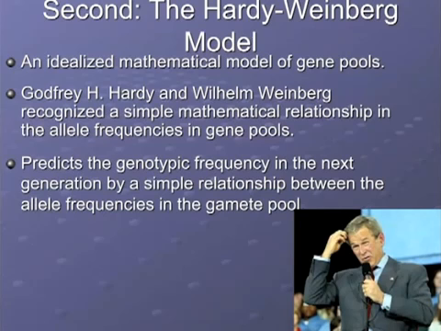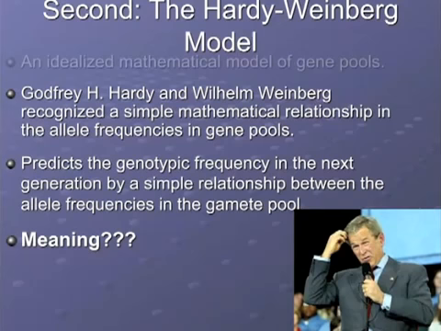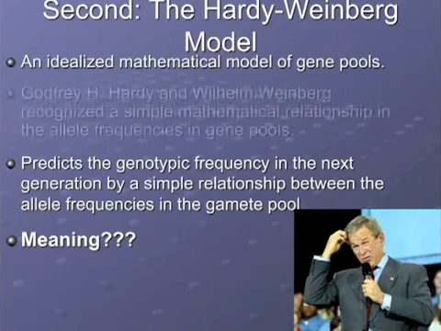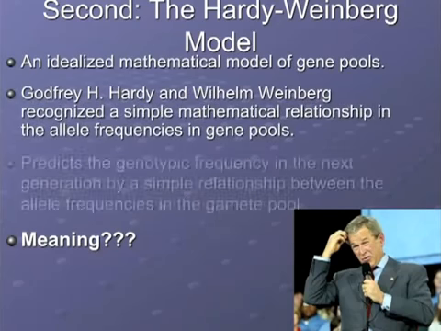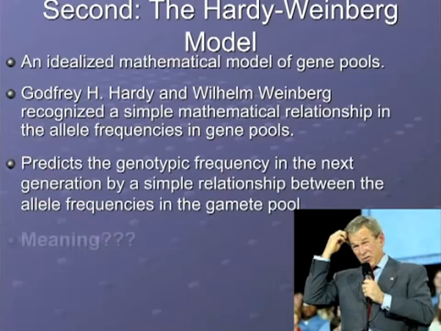That then can predict the genotypic frequency in the next generation by saying, okay, this gene pool has this allele frequency, and therefore the next generation should have this genotypic frequency, which makes tons of sense, of course. It's not confusing whatsoever. But to put it into an easier way of looking at it, we have to go back to genetics and Punnett squares.